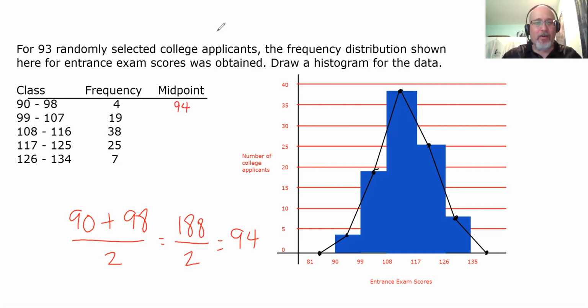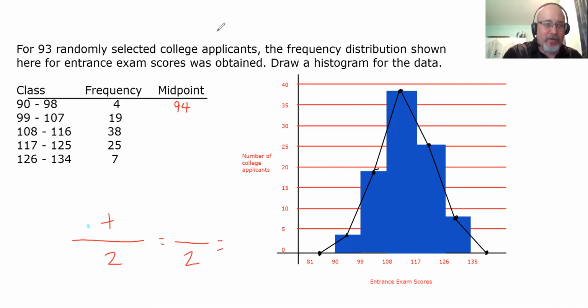Let's go ahead and calculate all of the midpoints, and then we will see what to do with them. For the second midpoint, for 99 through 107, we add 99 plus 107. That is 206. 206 divided by 2 is 103.